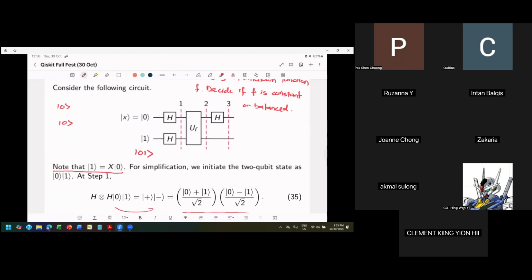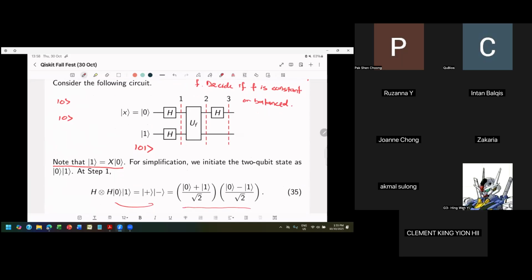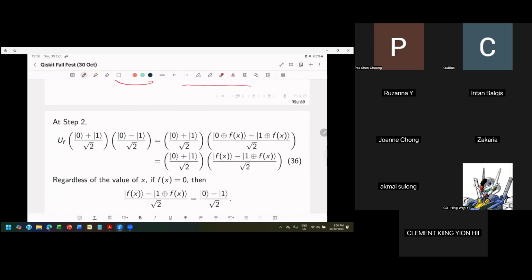So now let's look at step two. Step two is our oracle. What the oracle does is it takes the input of x and then modular sums it to y. So this is the oracle, and this is the state from step one. Once you operate on this particular state, it takes in your input of x from the first qubit, but I have not put in anything yet, so here I will just write fx for now.